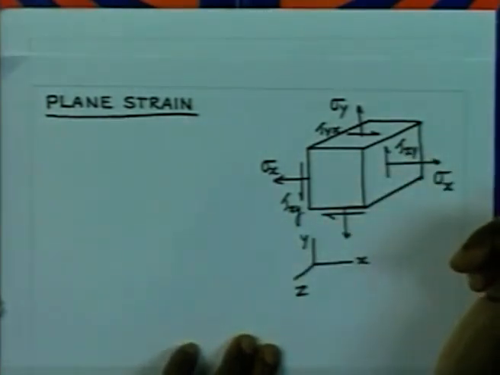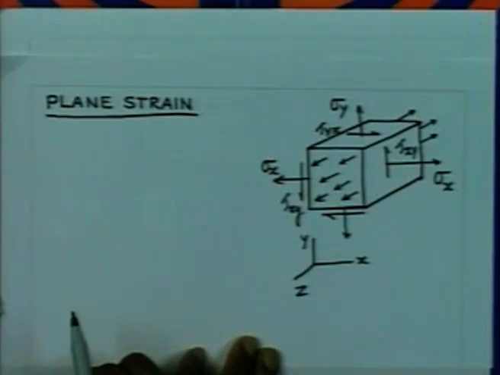And if we prevent this contraction by applying forces in the z direction, then what we are going to observe is that all the points on a plane parallel to xy will remain in the same plane and will simply move in the x and y directions.